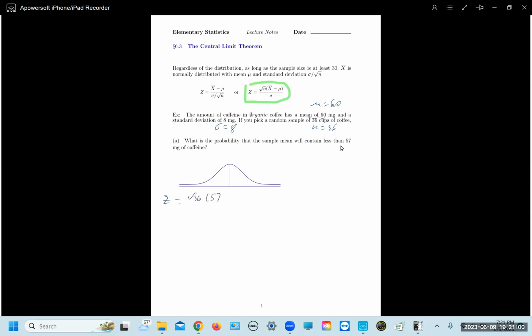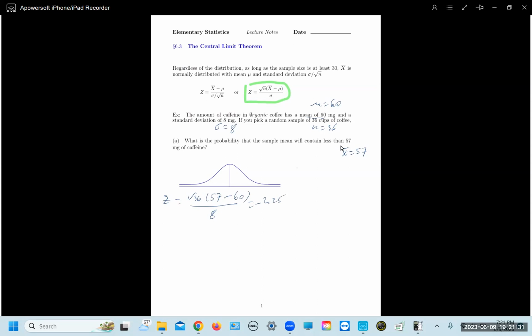So we have minus 2.25. Now we can find the probability for that.